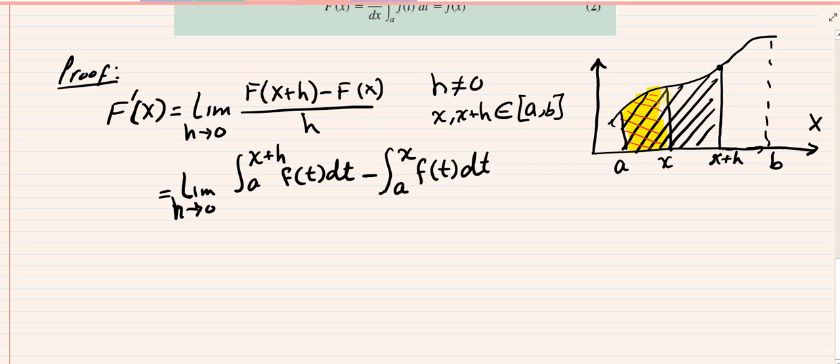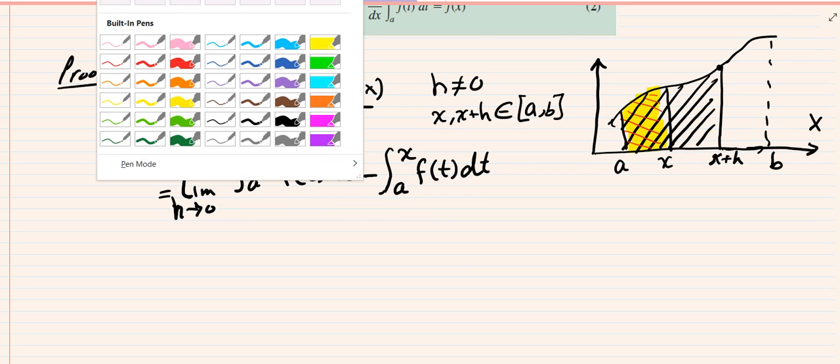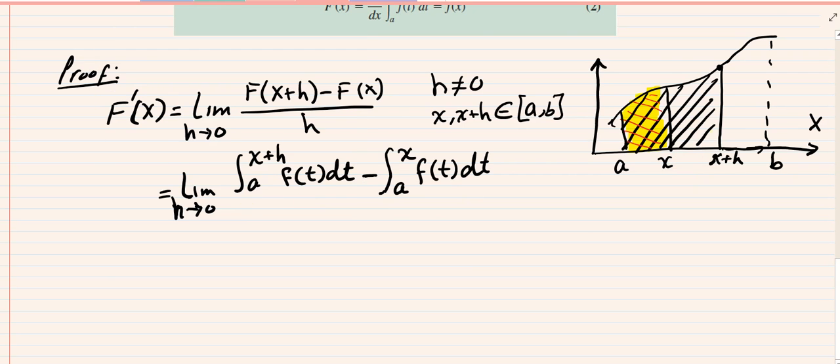So what we're looking at in the numerator, therefore, all of this equals the area under the curve from x to x plus h, right? That's all that is. Now, let's divide this by h.